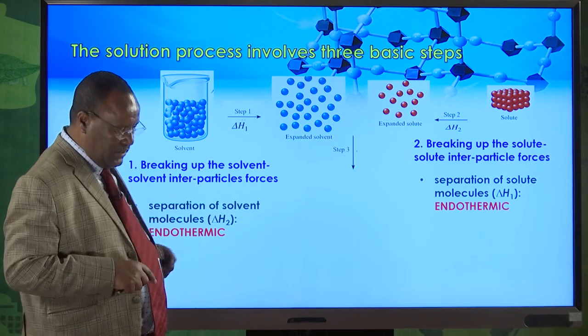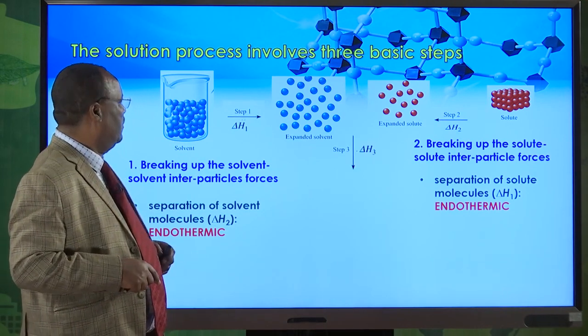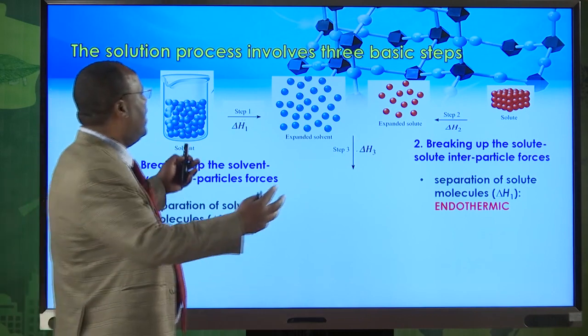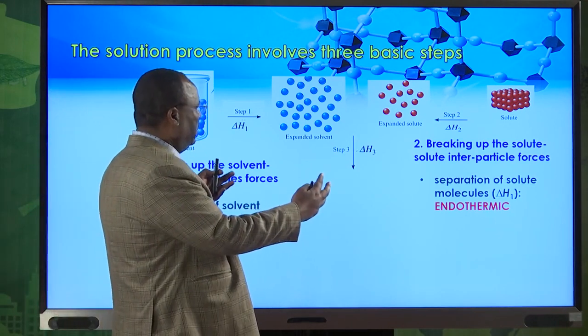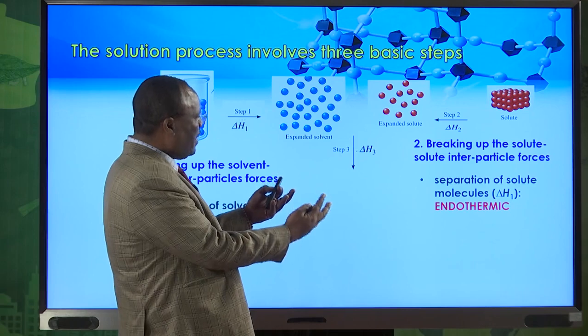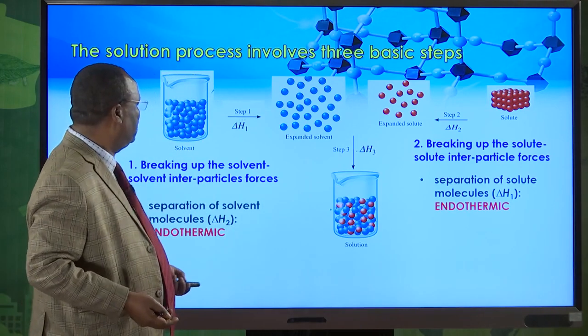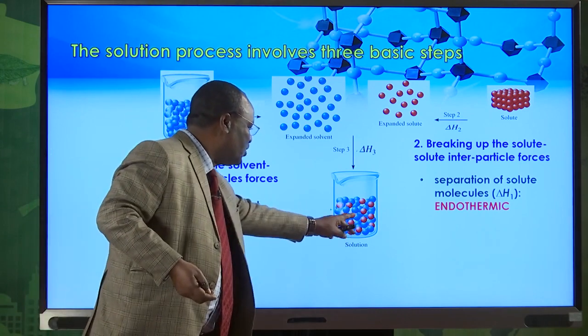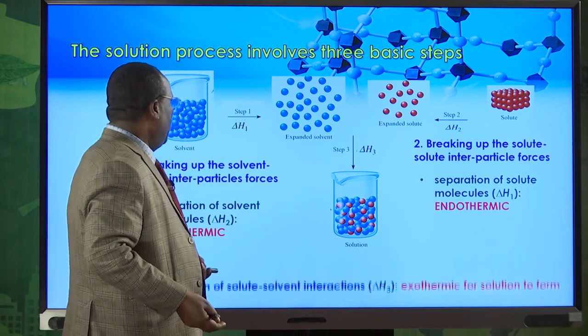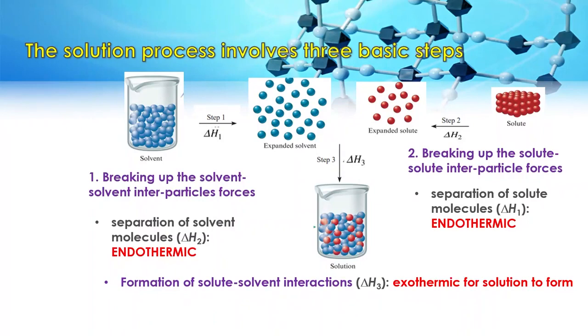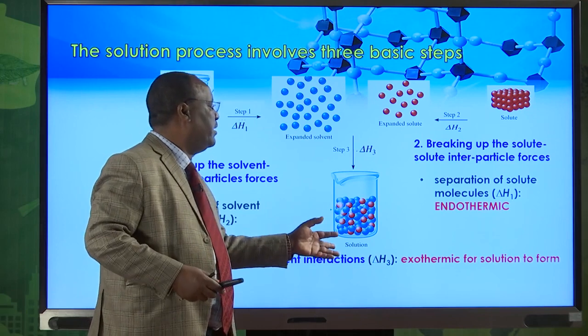The last step is the formation of a solution, or mixing, or dissolving the solid particles into the solvent. Now they are mixed. This is a solution. In this step, in the formation of solute-solvent interactions, some amount of energy must be released because they come together. The process is what we call exothermic.